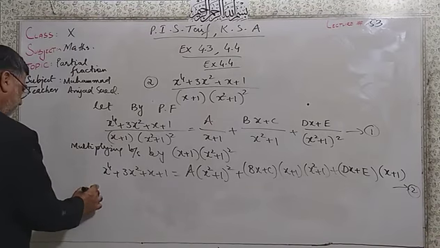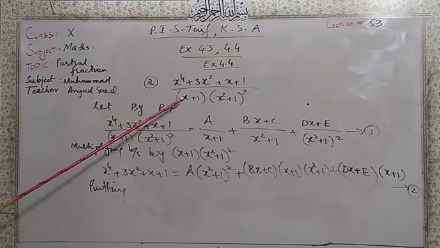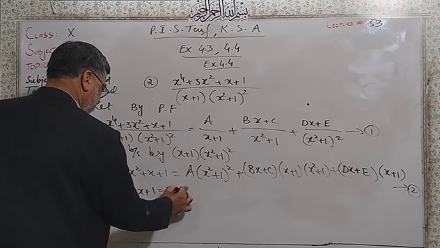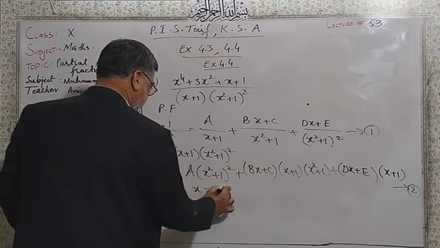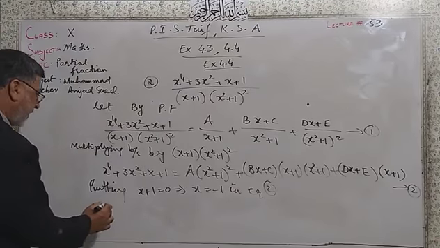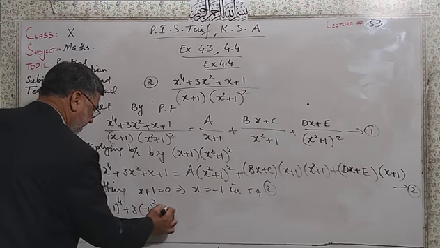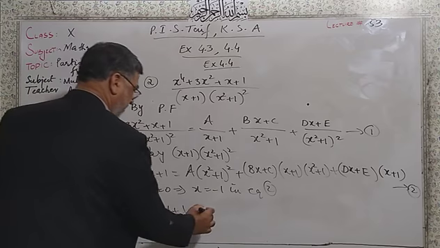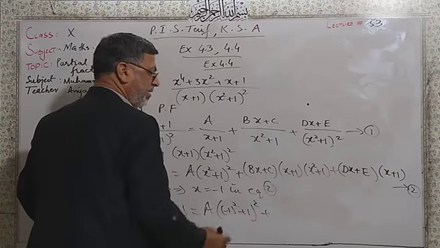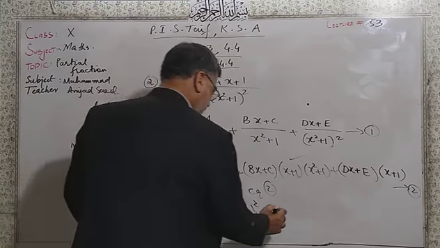We have one linear factor. Therefore, we can find one constant by the putting method. Putting x plus 1 equal to 0 implies that x is equal to minus 1 in equation number 2. So we have minus 1 power 4 plus 3 into minus 1 squared minus 1 plus 1 equals A into minus 1 squared plus 1 whole squared. And remember that this is x plus 1 and here is x plus 1 in both cases.